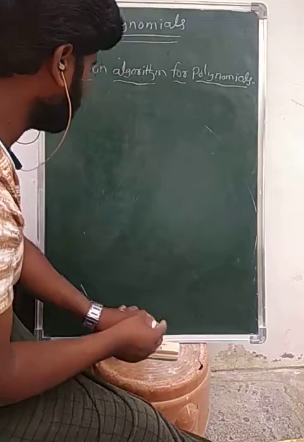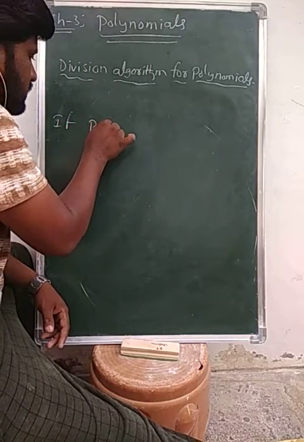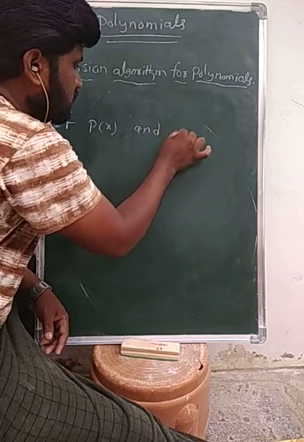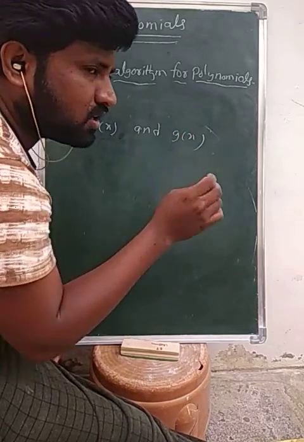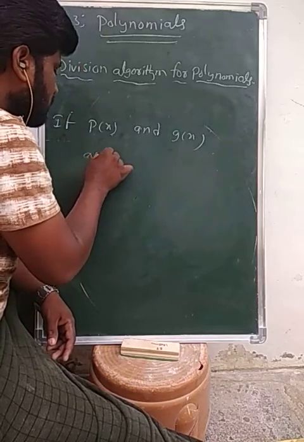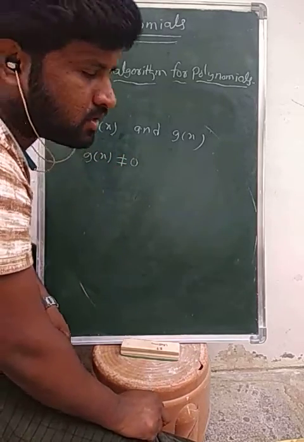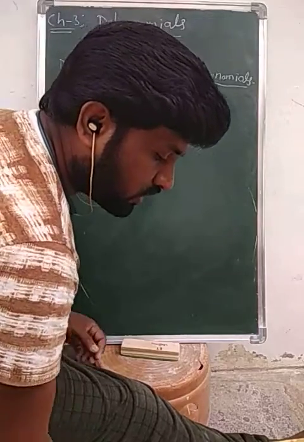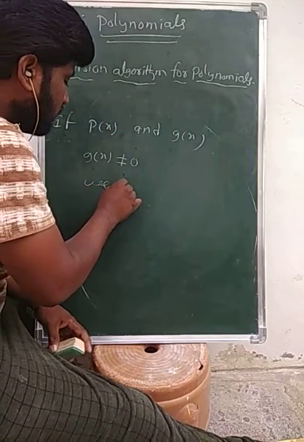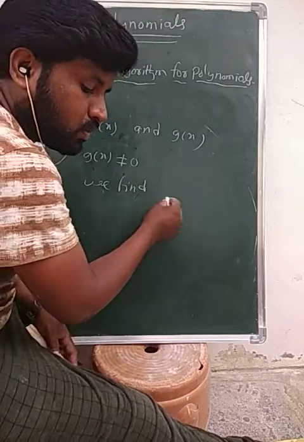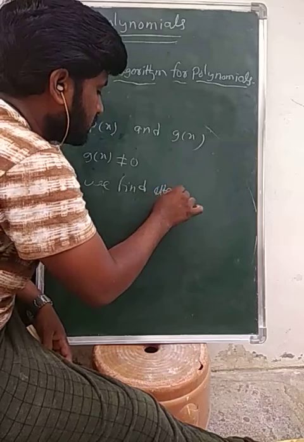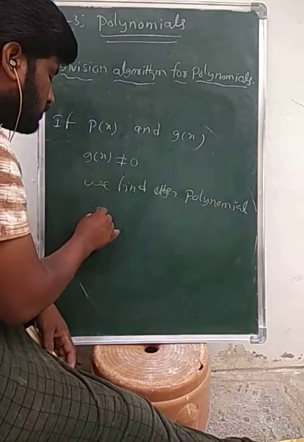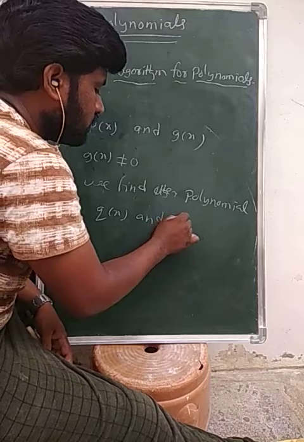If p of x and g of x are polynomials, clearly g of x is not equal to 0, we can find other polynomials, that are q of x and r of x.